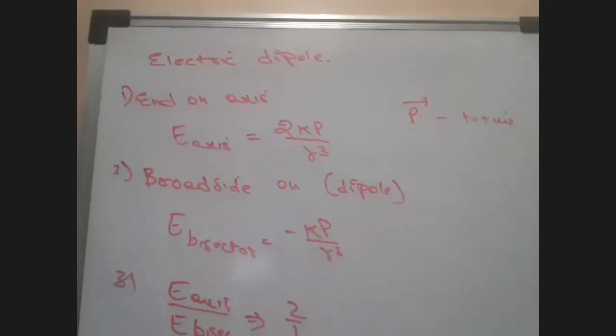Was it in the direction of the dipole itself, or was it opposite to the dipole? Can anyone tell me? Opposite to the dipole. Why was it opposite to the dipole? What did we find out?